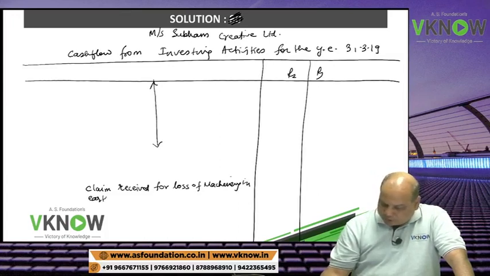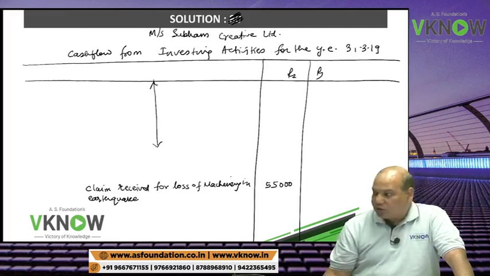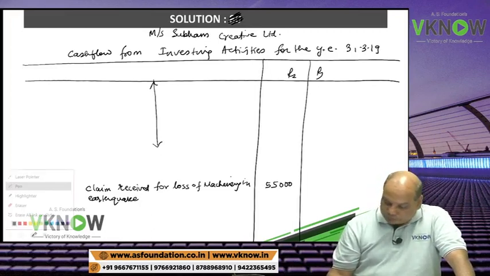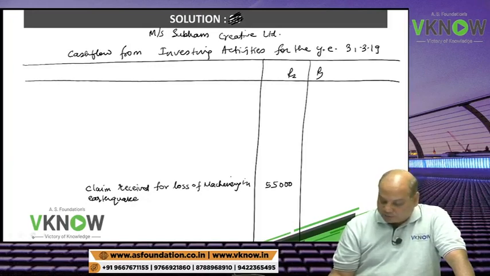Keeping 7 or 8 lines blank, presentation is equally important. 55,000 in the inner column, positive number because it is received, and if it is outflow, write negative number.